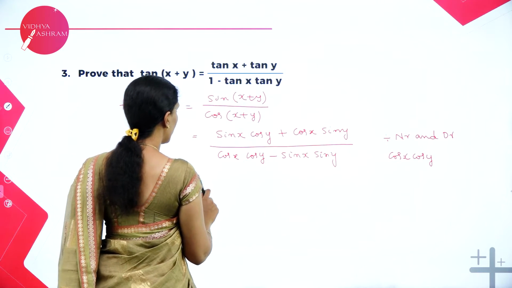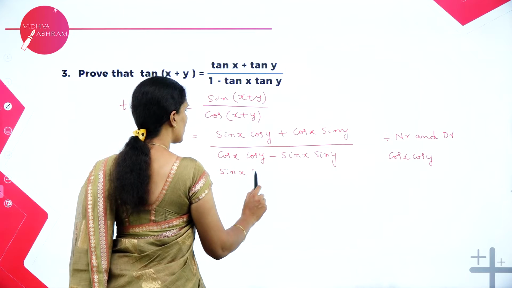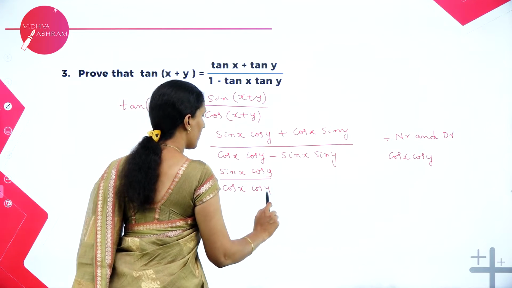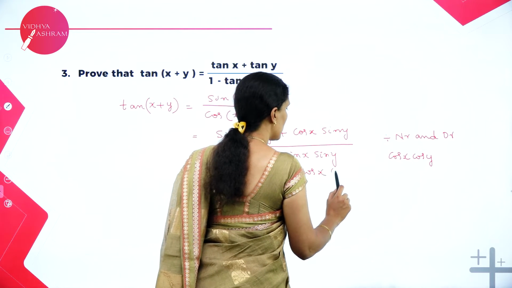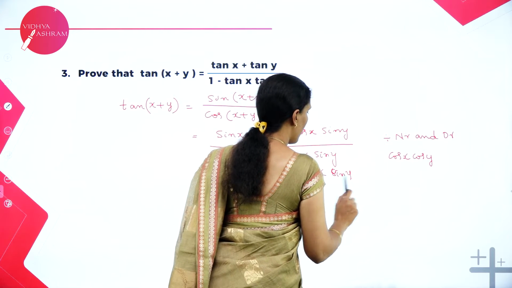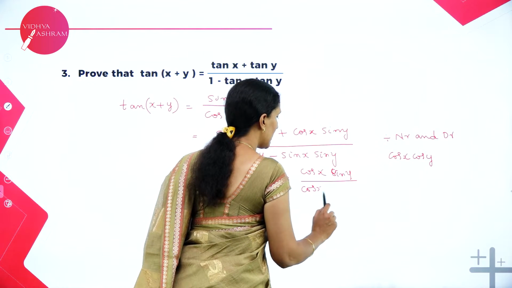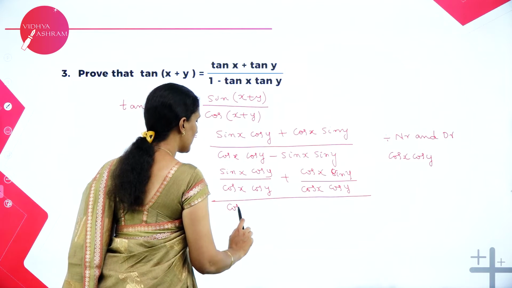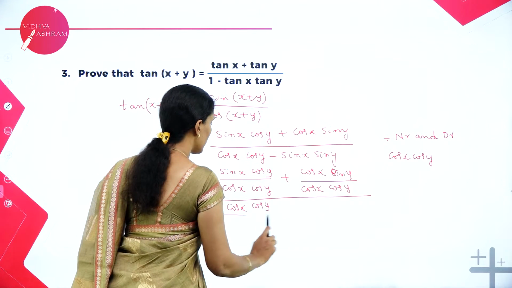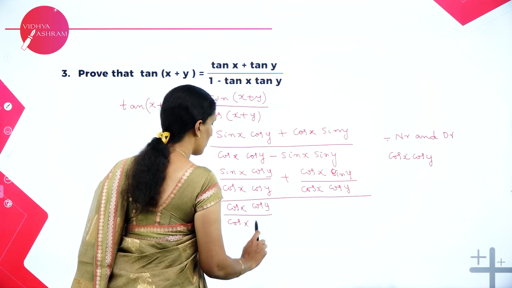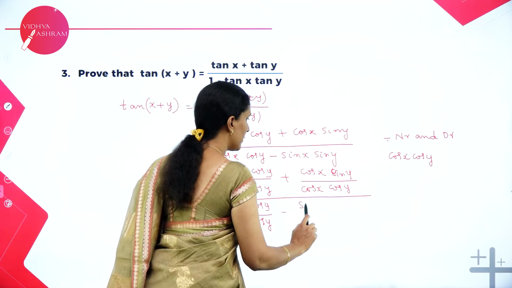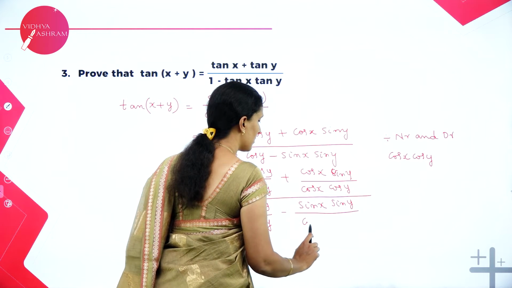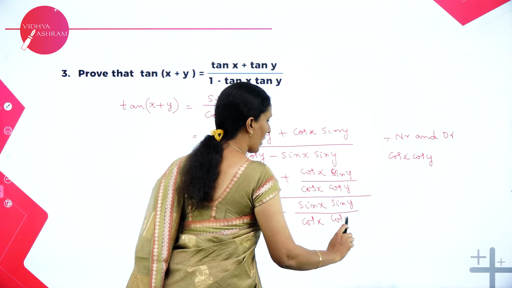So therefore here I'll get sin x cos y by cos x cos y plus cos x sin y divided by cos x cos y, whole divided by cos x cos y divided by cos x cos y minus sin x sin y divided by cos x cos y.